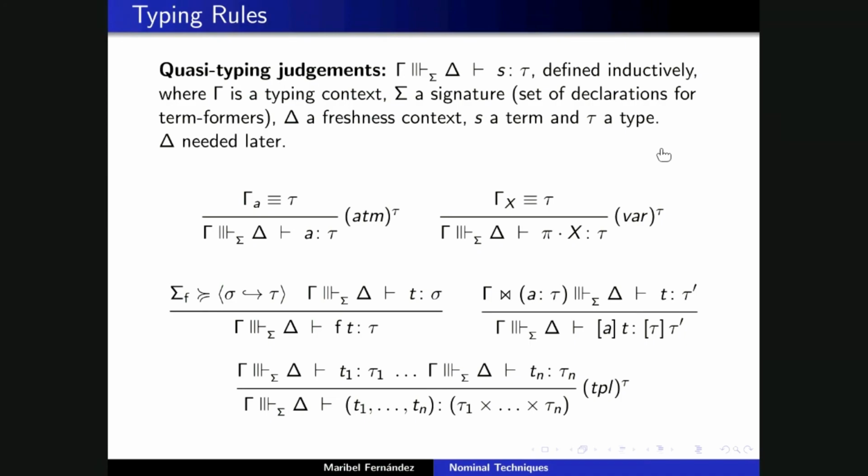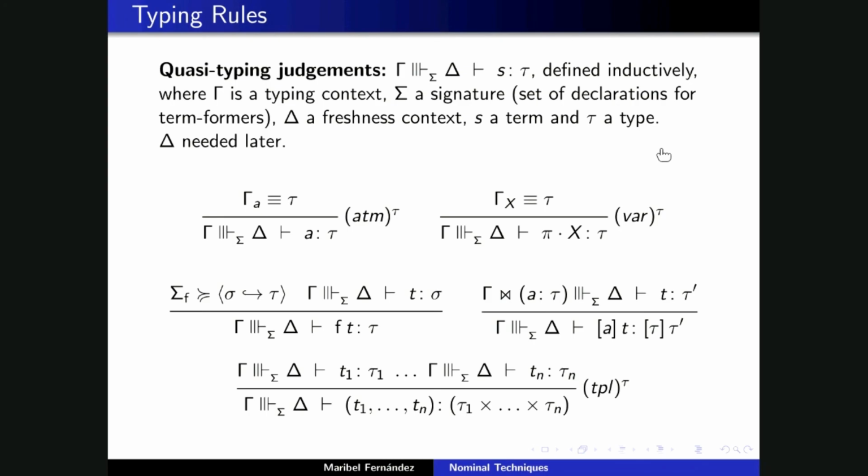So this is what I said, it's a Curry style system, so our terms don't have type decorations. So the typing rules will have to deal with all the necessary issues to be able to assign a term, to infer a type for the term, taking into account that our terms come with an axiomatization of alpha.